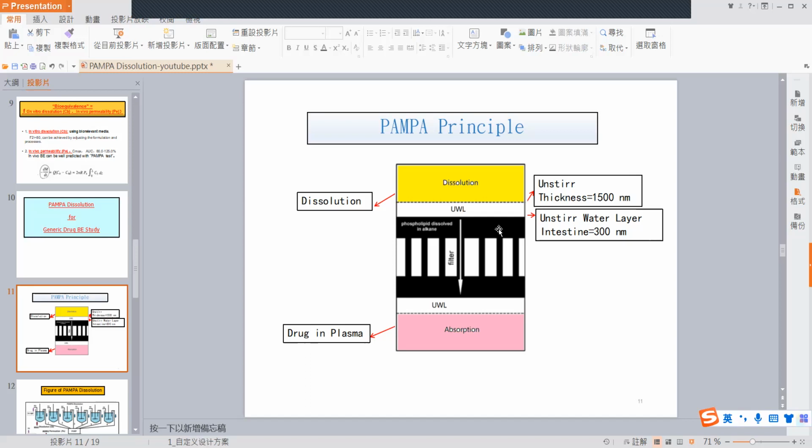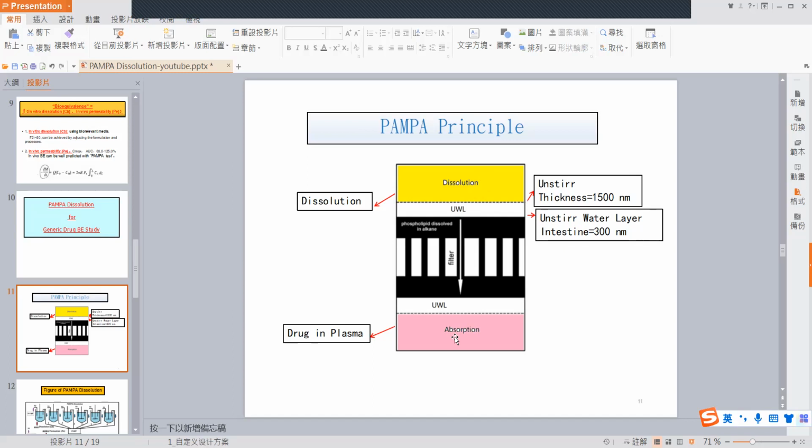Your solution components, meaning your API, will pass through this unstirred water layer, through the membrane, and then pass through the UWL again, being absorbed into the plasma.